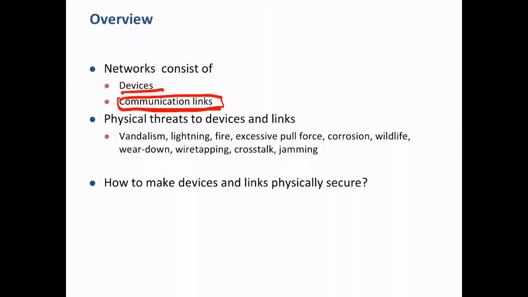So there are physical threats to devices and links, and we know all this: vandalism, lightning, fire, somebody pulling the cable, excessive pull forces, corrosion, wildlife, and all that, wiretapping, crosstalk, jamming. All these are methods by which whatever you are communicating can be disrupted.